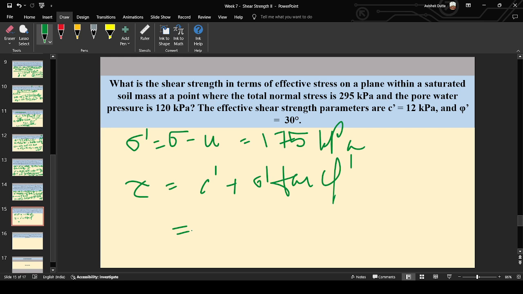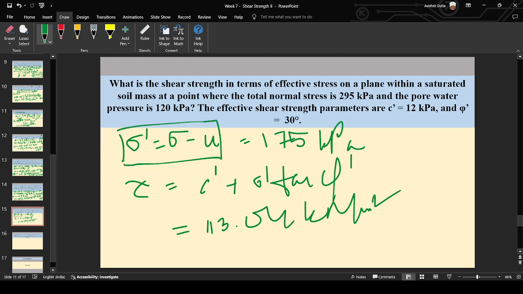We get a value of 113.04. Okay, so this part is important, finding the effective stress from the total stress. Last question.